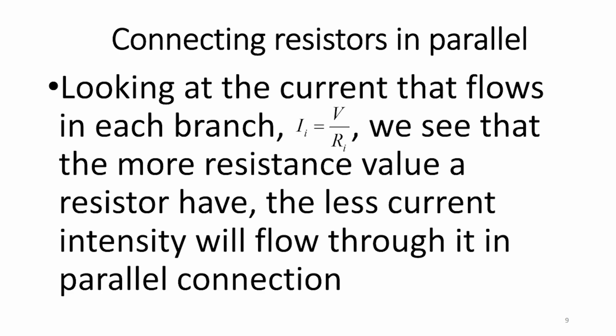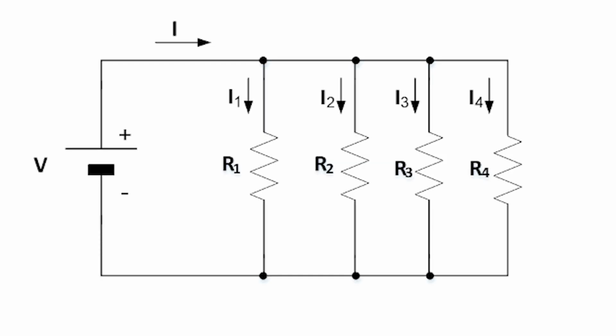We see that the more resistance a resistor has, the less current will flow through it in parallel connection, since the resistance is located in the denominator, and as resistance increases, the current decreases. That is, in parallel connection, the value of the current in each branch is in inverse ratio to the value of its resistance.